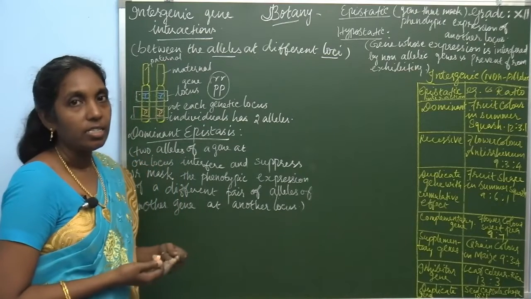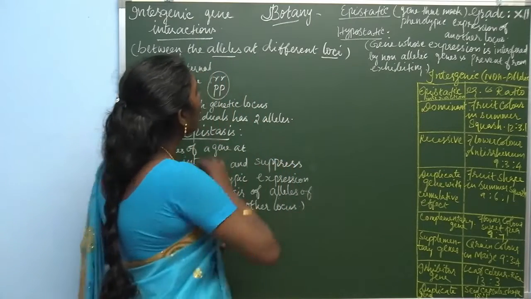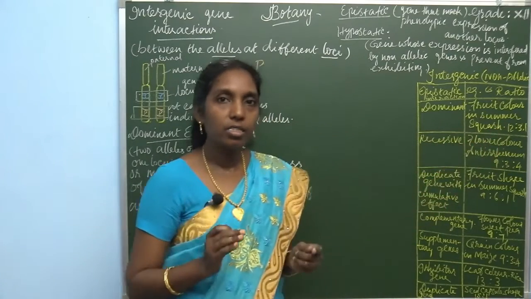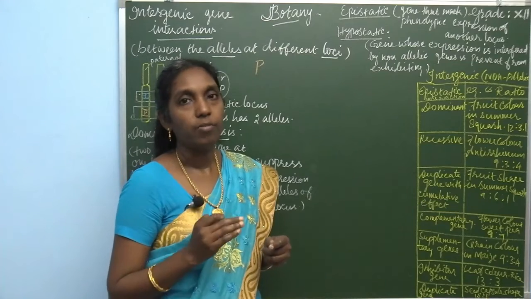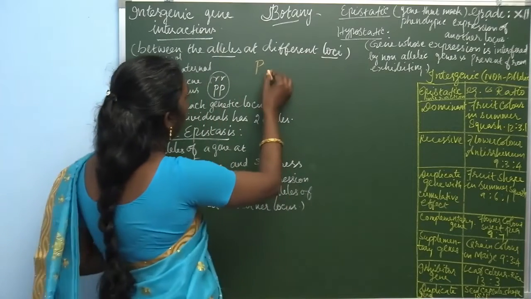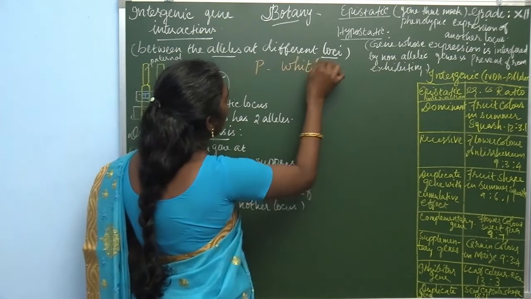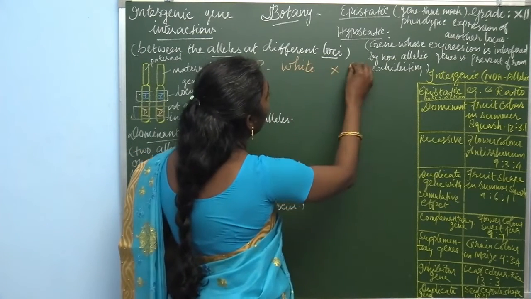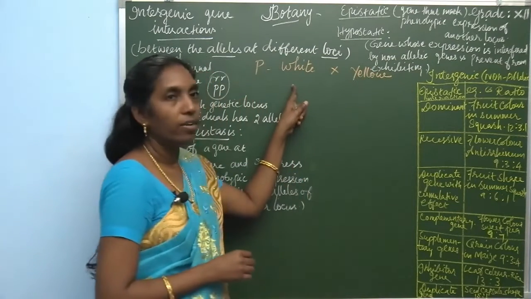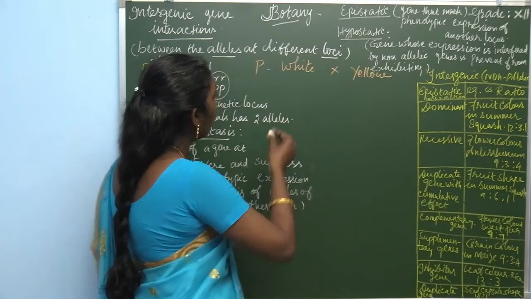I hope you understand it. Now, let us see dominant epistasis. What is the example? Here the character is fruit color of summer squash. We make a cross between a white fruit and a yellow fruit.